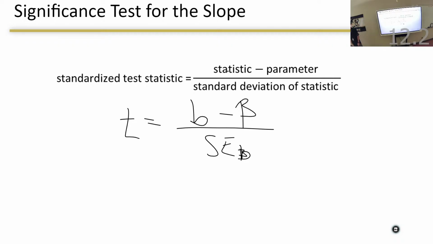Again, you won't use that because this t is on your computer printout. And if it's not, you have this on your computer printout, and you know that that's 0, and this is on your computer printout. So you can use this minus this and divide it by this to get that t score. And if you have the t score, you should be able to turn that into the P value. Good.